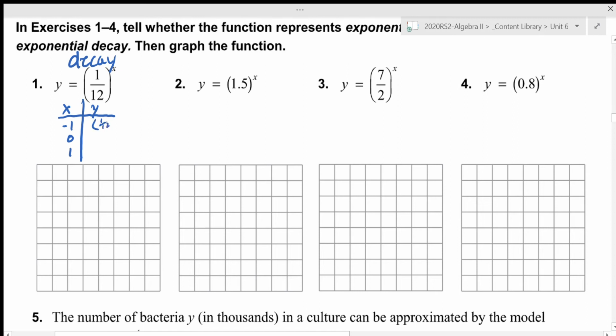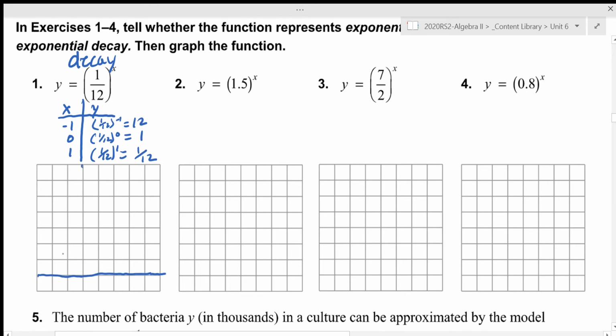So we have 1/12 to the negative first power, that would be equal to 12. 1/12 to the 0 power is equal to 1. And then 1/12 to the first power is equal to 1/12. Just those 3 points should be sufficient for you to see the general shape of this graph.